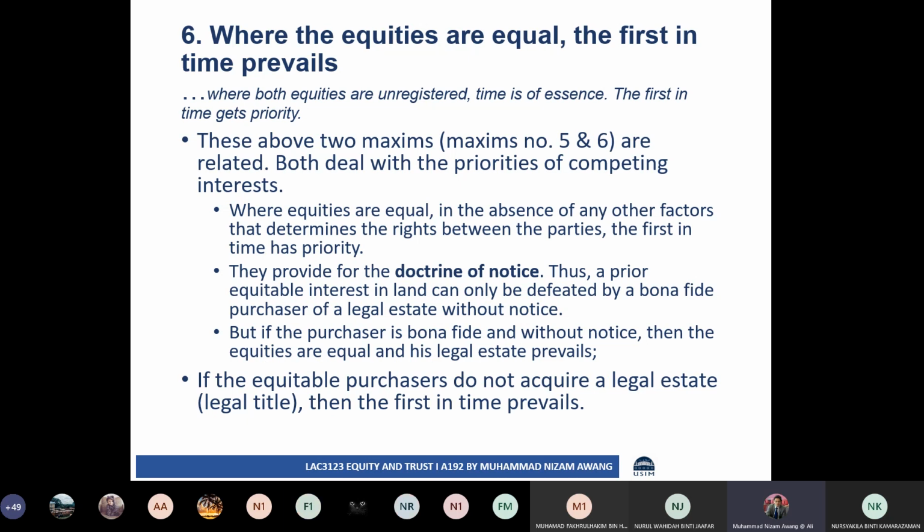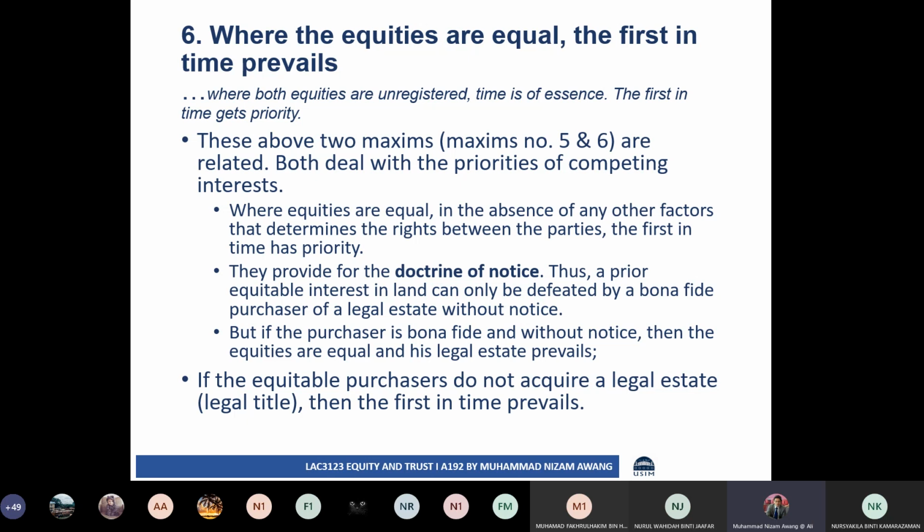When there are two equities, again, the same thing as maxim number 5. But the difference of this maxim with the previous maxim is that when there are two equities, they both are equal, the first in time prevails. What's the difference of this maxim with the previous maxim?